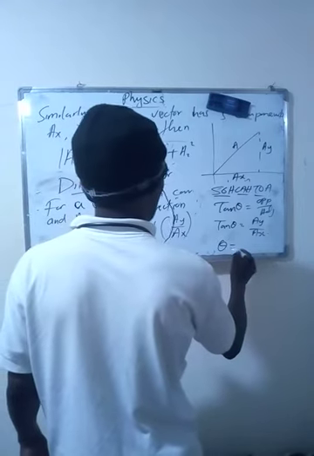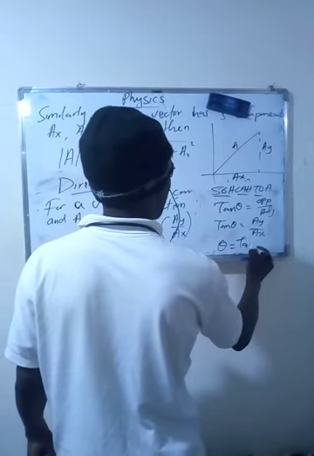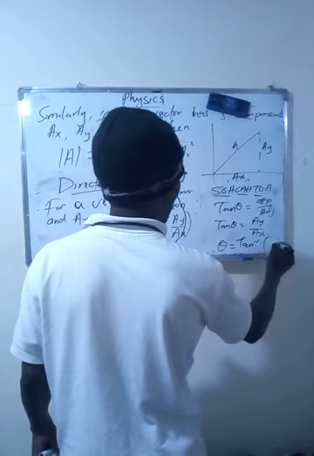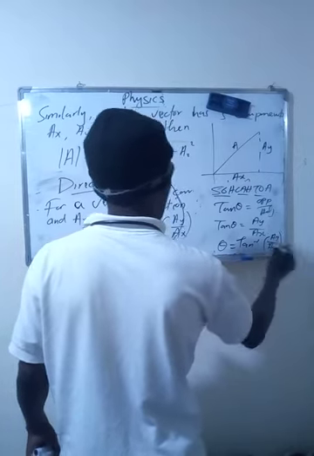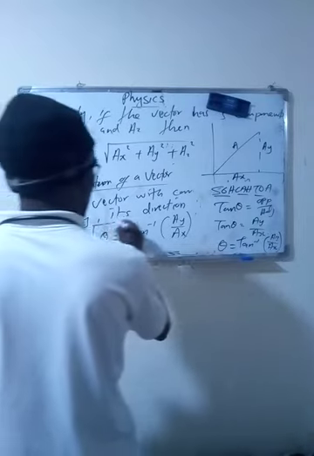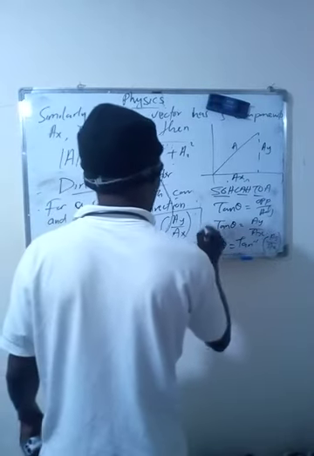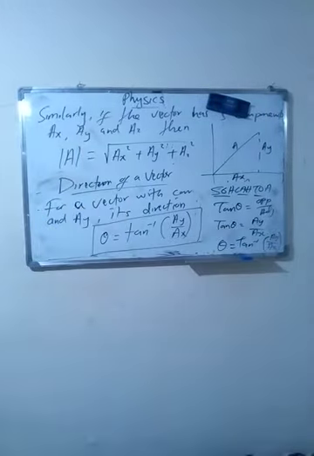So here we're just using our concepts from trigonometry and from Pythagoras theorem. And that is what we have on vectors. We've looked at component of a vector, magnitude of a vector and direction of a vector.